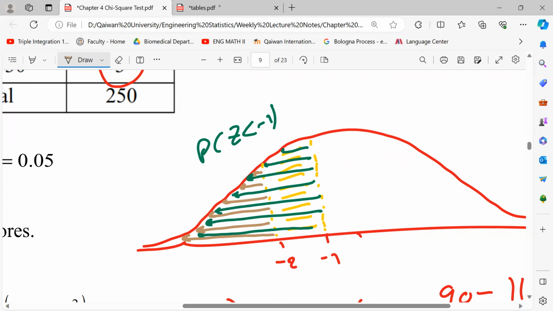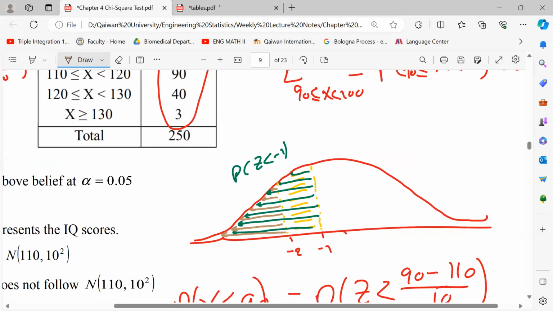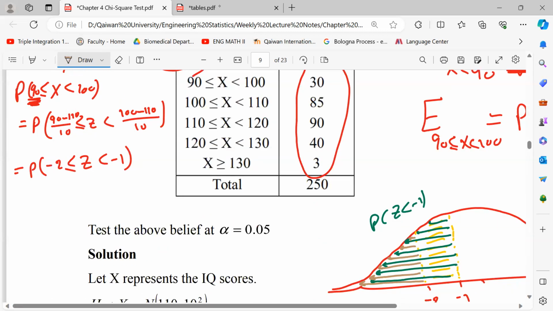So that's how to find the probability of Z being between two values: the probability of Z less than -1 minus the probability of Z less than -2. We can get both from the table, subtract them, and get the result.